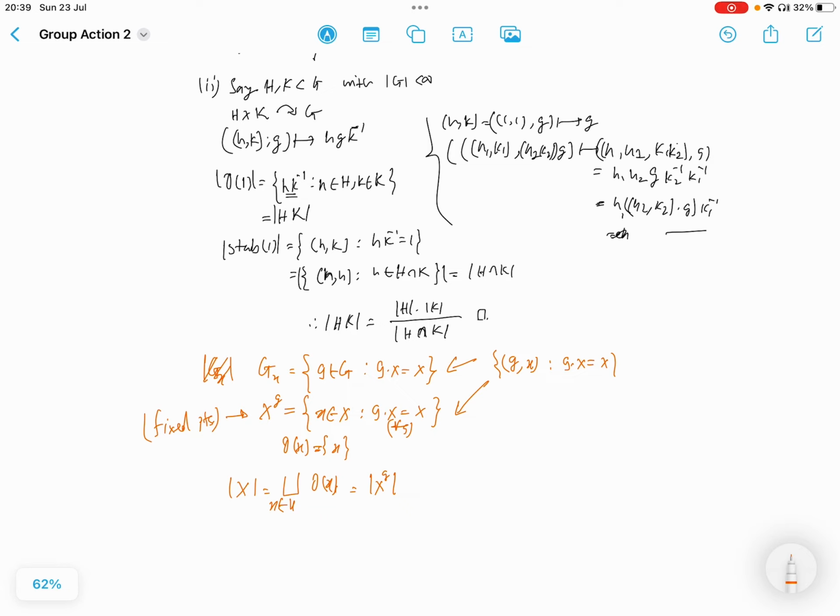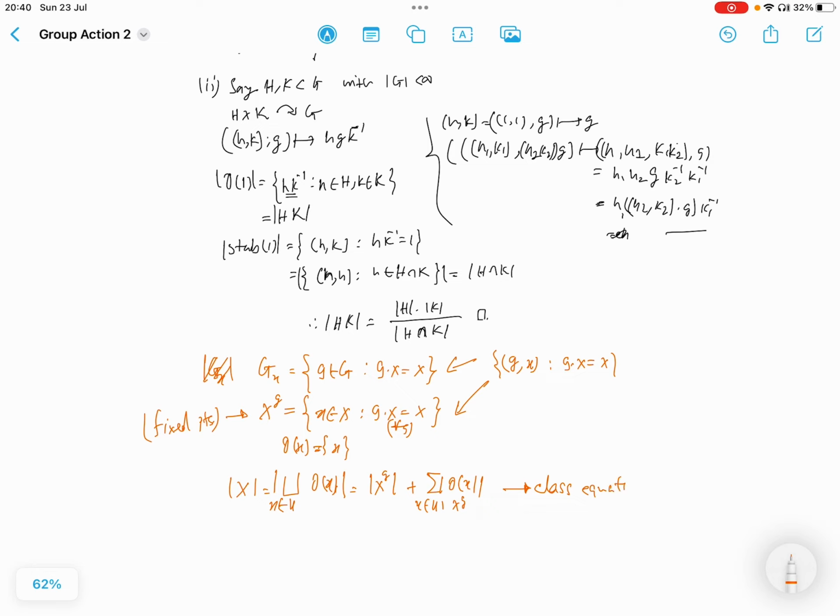You can take those singletons together and write the set as X power G. And the other ones will be all such x in X that are not fixed, and you take the cardinality. So this is the class equation, or I should say class equation in general.